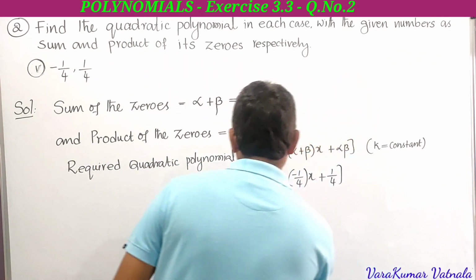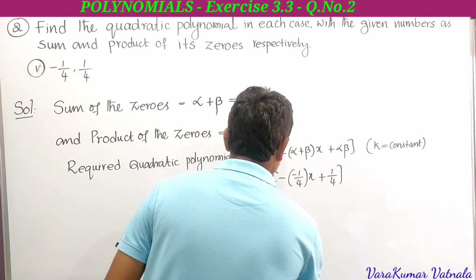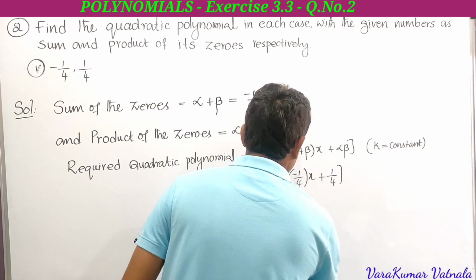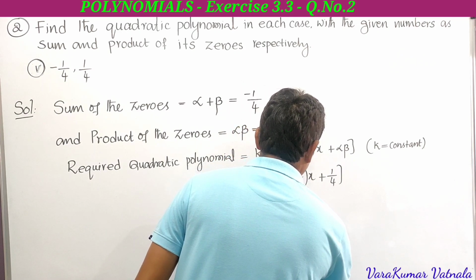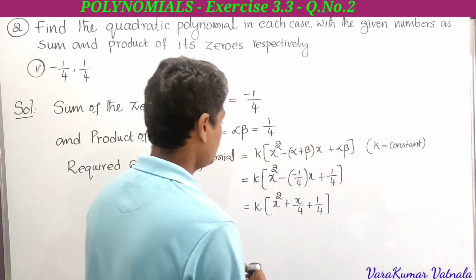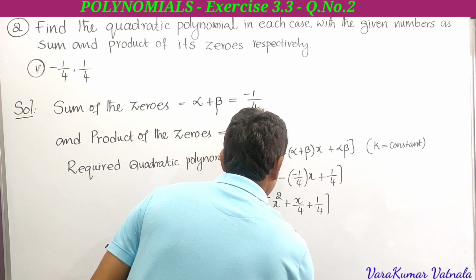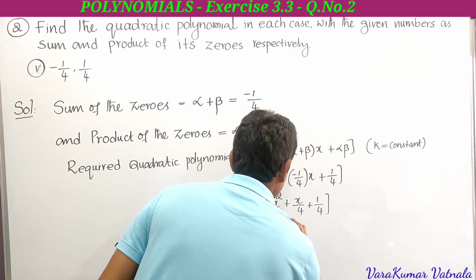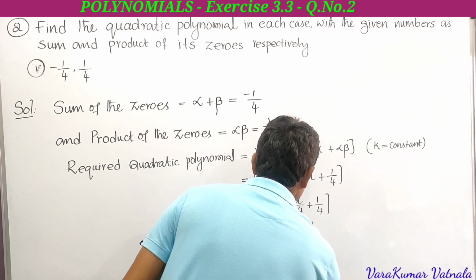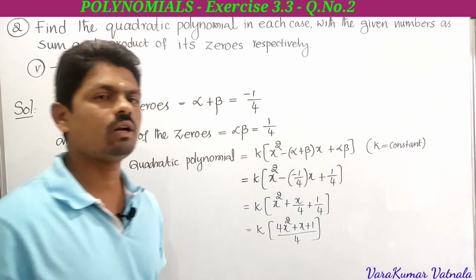Now we just have to simplify here. k into x square minus into minus plus 1 into x is x by 4 plus 1 by 4. So find the LCM here. So k into, we get 4x square plus x plus 1 divided by 4. So this is the required quadratic polynomial.